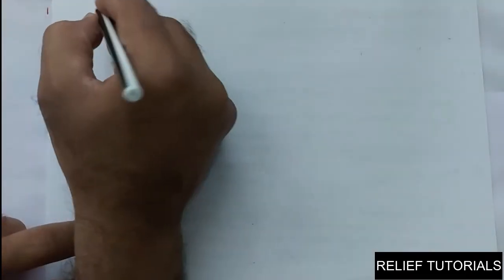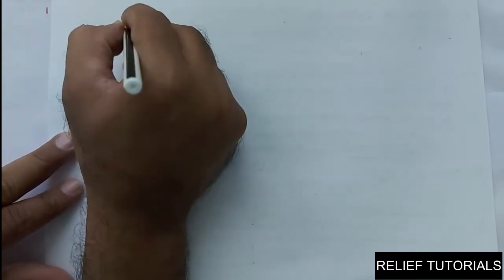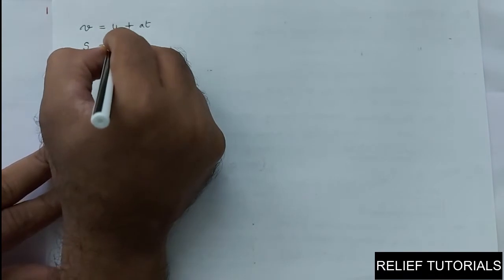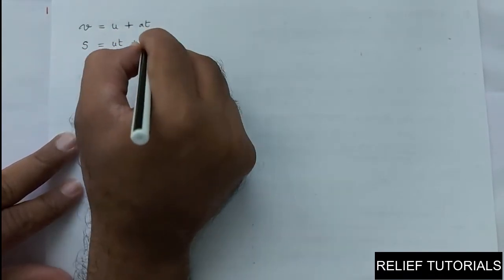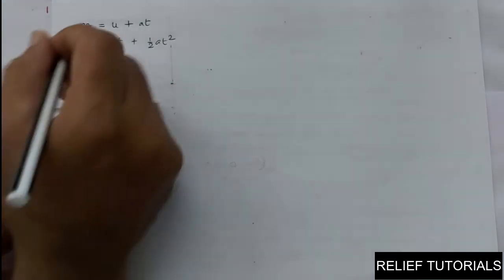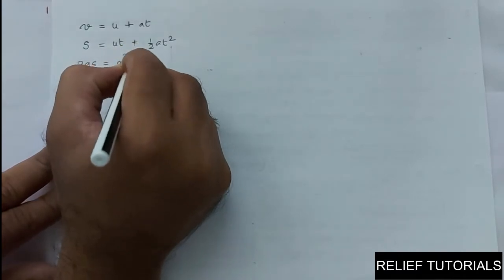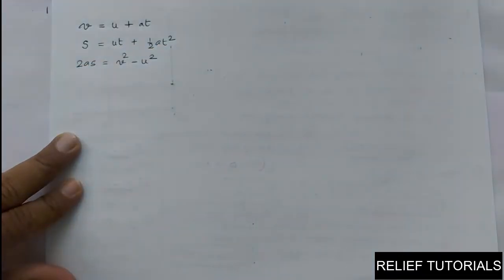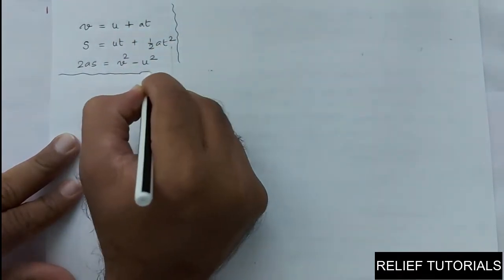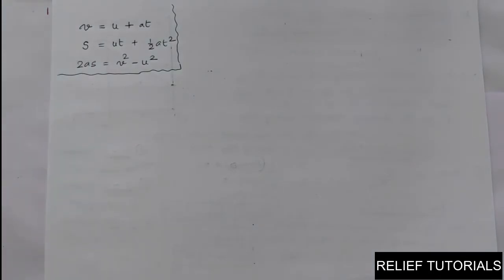The equations are V is equal to U plus AT, S is equal to UT plus half AT square, and third is 2AS is equal to V square minus U square. These are the very important three equations. Okay, now let us solve some examples.